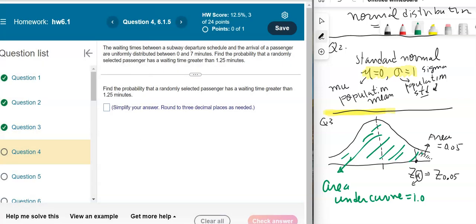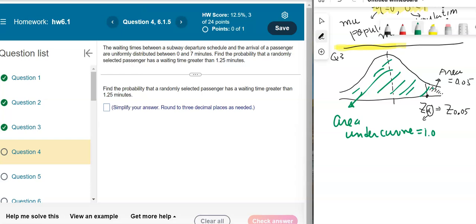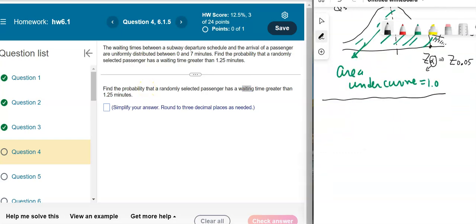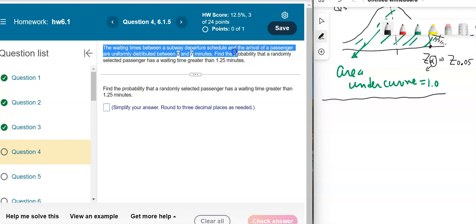Question number 4. Find the probability that a randomly selected passenger has waiting time greater than 1.25. The waiting time between a survey departure schedule and the arrival of a passenger is uniform distribution between 0 and 7.